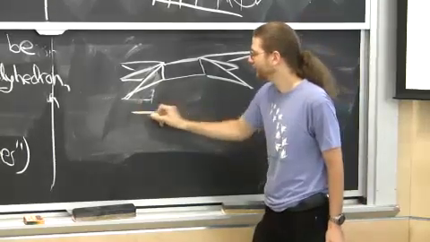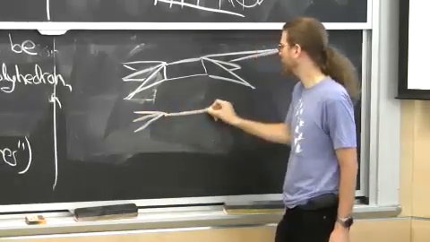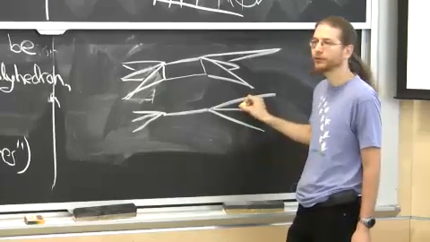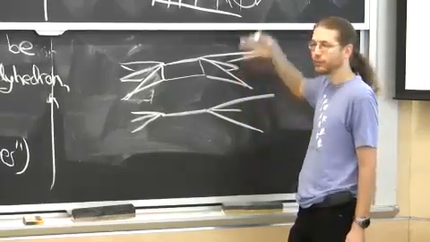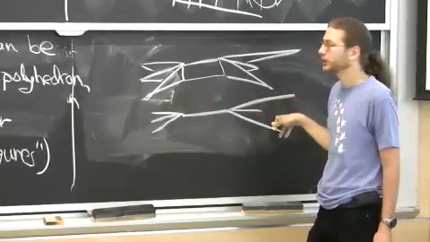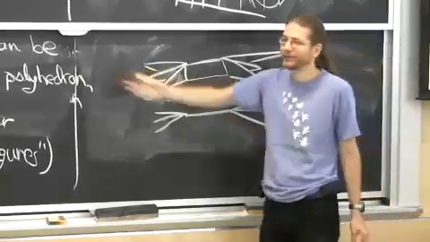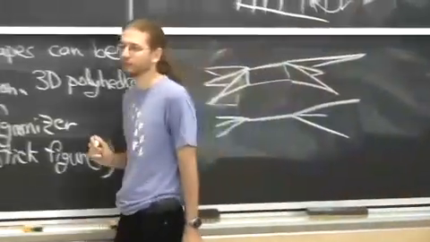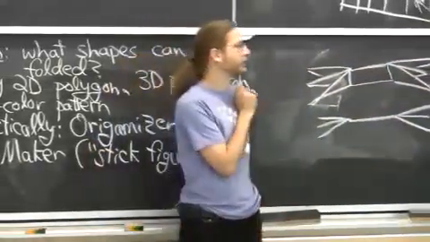You can abstract this into a tree and then say, well, can I fold a piece of paper into some shape whose projection is that tree with all the right edge lengths? And the answer is yes. I mean, you can make anything, of course. But what Tree Maker tries to do is find the most efficient way to make that thing.